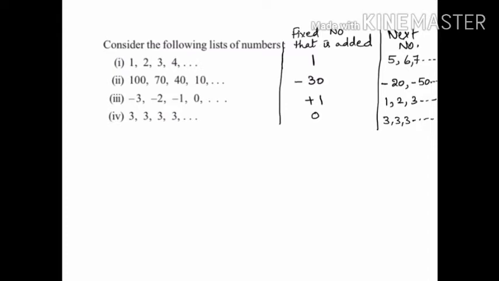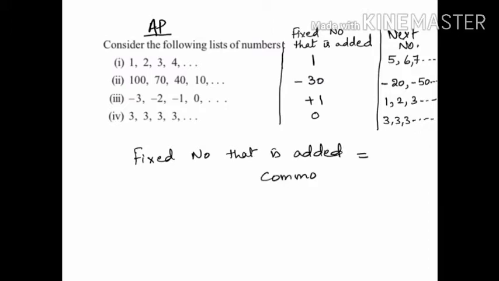Such a list of numbers is called an AP, or arithmetic progression, and the fixed number that we are adding is called the common difference and is denoted by D. Now the common difference, as you can observe, can be positive, negative, and it can be 0.